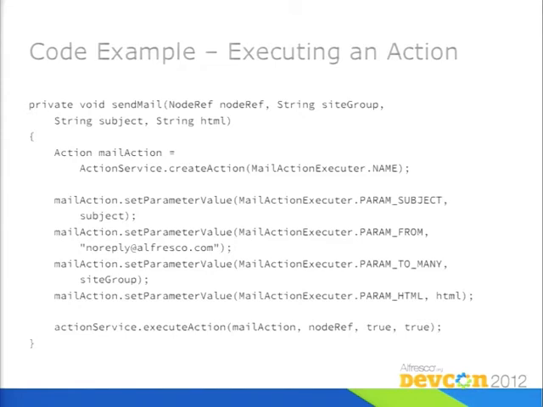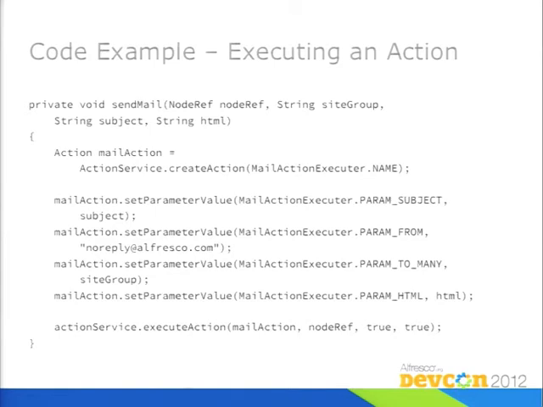So we call the action service, and we create the action, passing in the action name. We'll go on to executors in a minute, but the mail action executor has some static methods that define the name and the parameters that you need to pass in to make setting up the action easier. So passing in the action name and then a list of parameters, and eventually we get down here and we say we're going to execute the action.